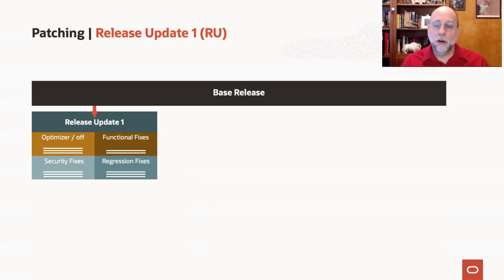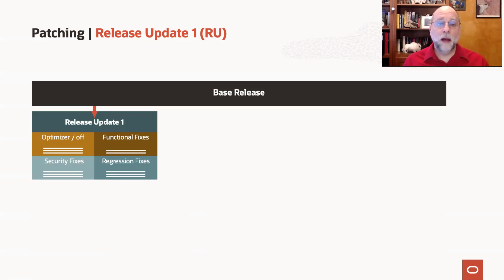So that has become our unit of delivering our quarterly patch bundle, because it's been so successful at minimizing the number of one-off fixes needed by most customers. Now, there may be cases where you need more fixes than are in that bundle.